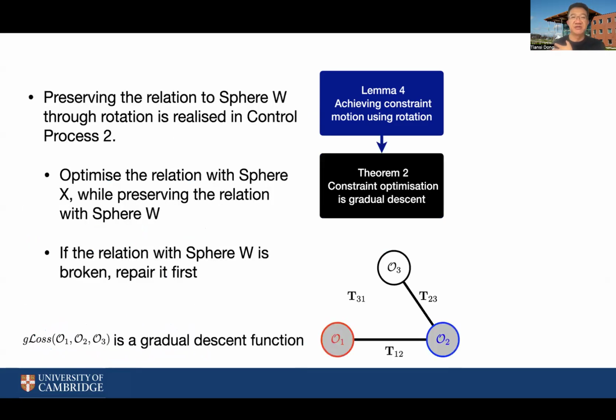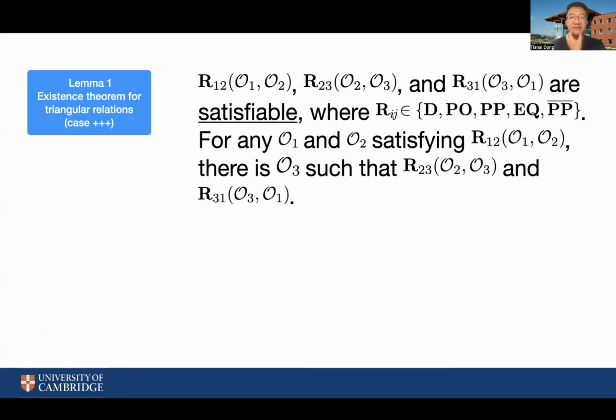And then we showed that the constraint optimization process is the gradual descent process. So then we need to find the X star.